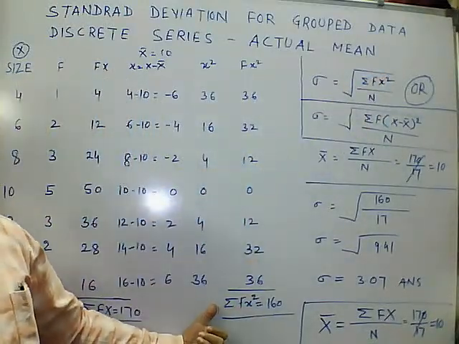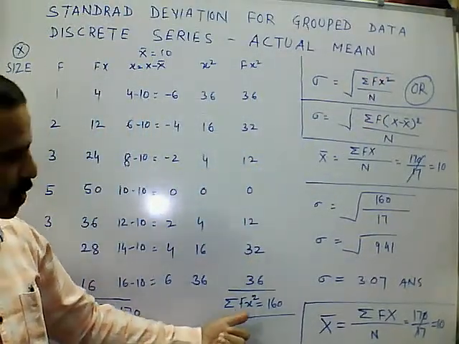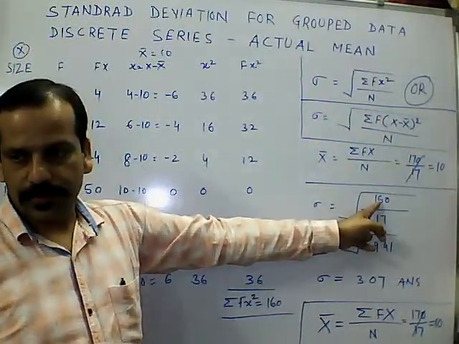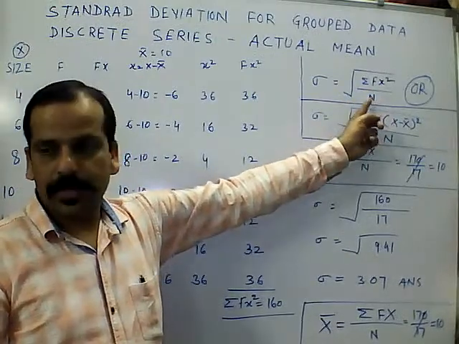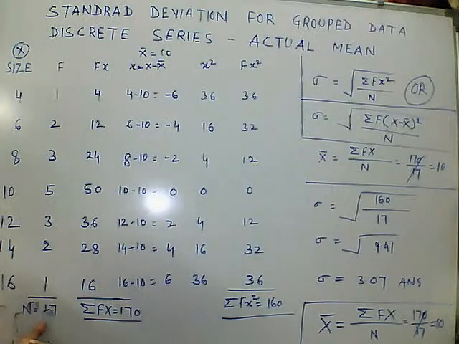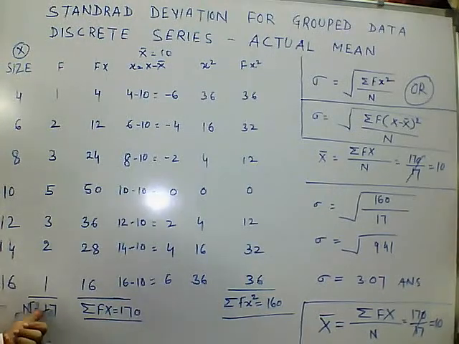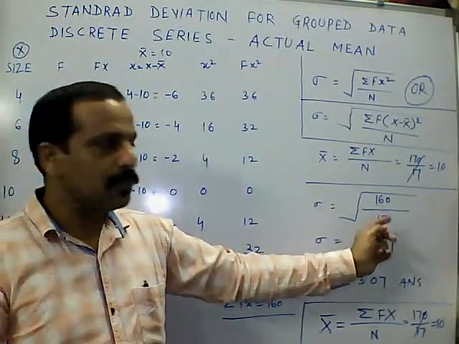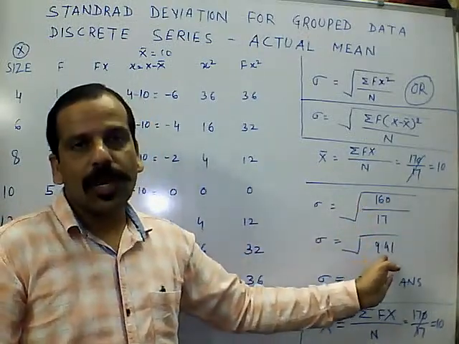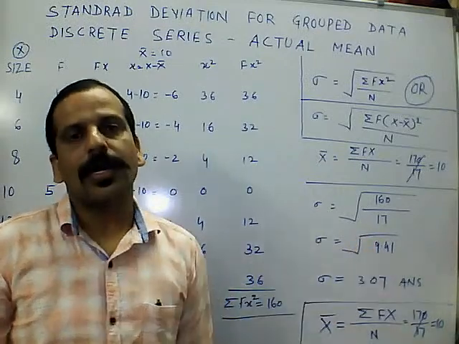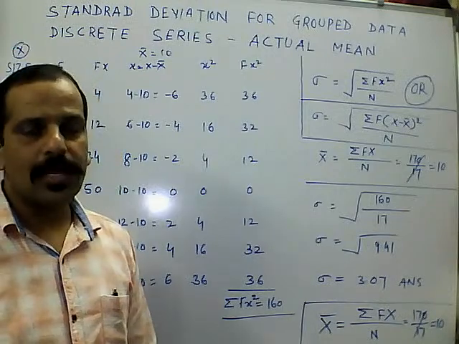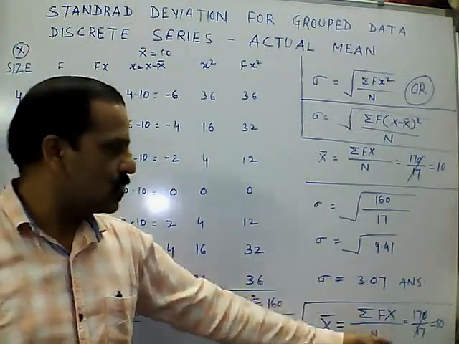So what is the value of summation fx square? 160. So here we write 160 divided by n, the number of observations, which is 17. So 160 divided by 17 is equal to 9.41, under root 9.41, and the value of under root 9.41 is 3.07.